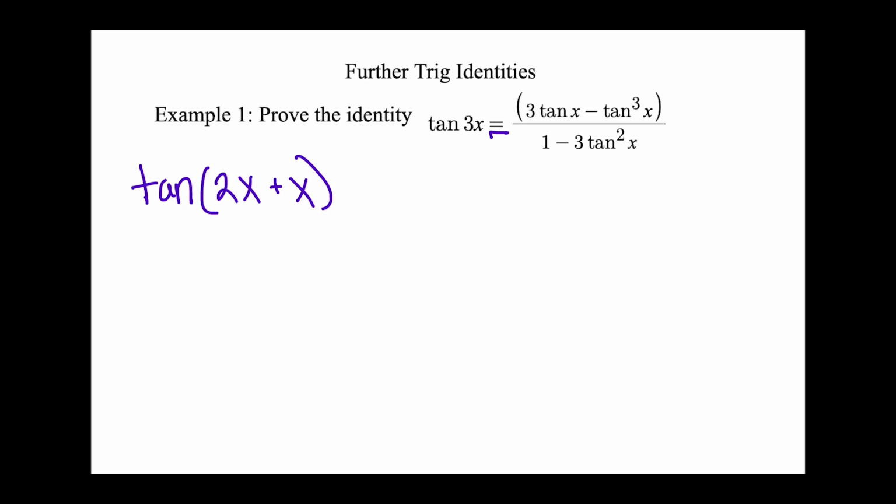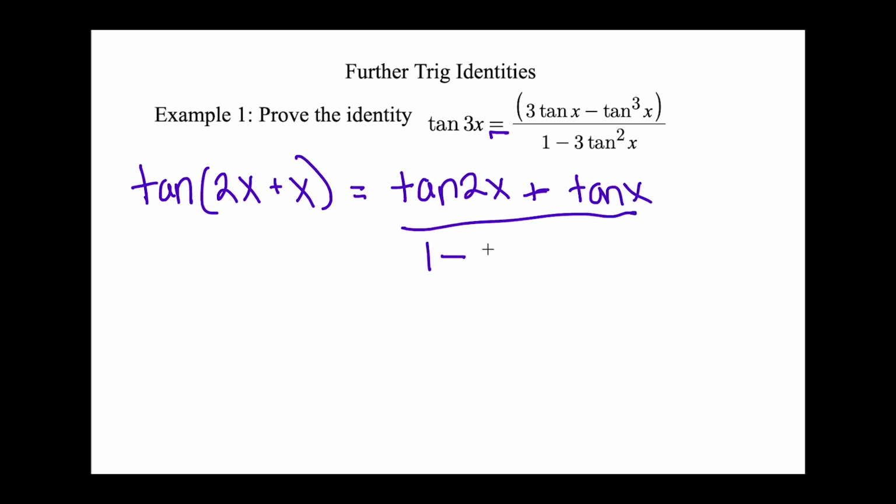So tangent of 2x plus x is equivalent to tangent of 2x plus tangent of x over 1 minus tan 2x times tan x.